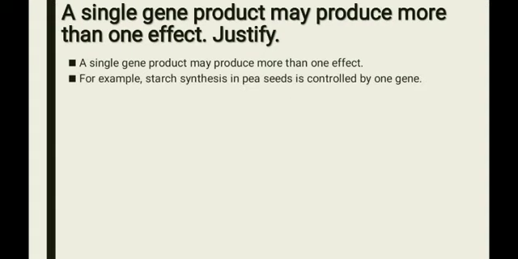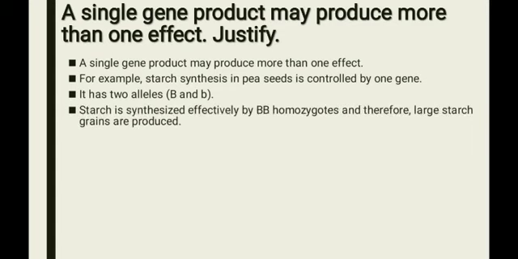Starch synthesis in pea seeds is controlled by one gene that has two alleles, B and b. Starch is synthesized effectively by the BB homozygote, and therefore it produces large starch grains.